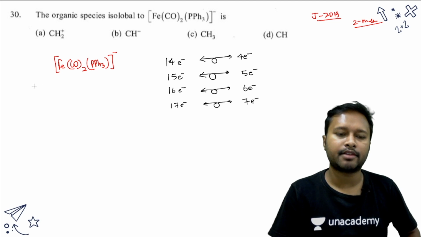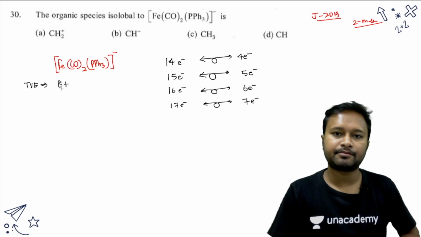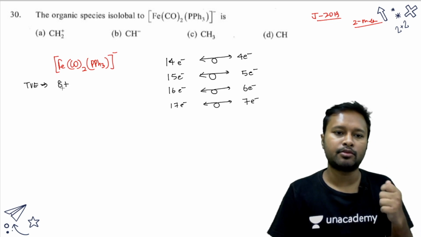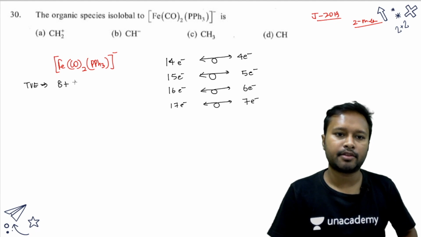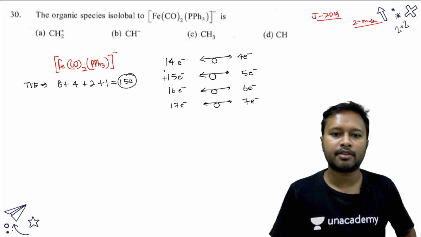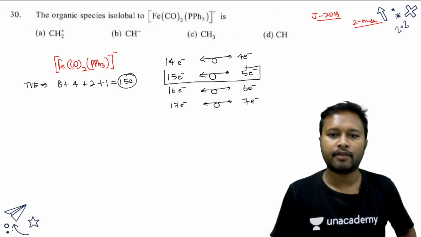Here, the total valence electrons: iron gives 8 electrons, d6 and 4s2, plus 4 electrons from the two carbonyl ligands, plus 2 electrons from the PPh3 ligand, and plus 1 because of the negative charge. Overall, you get 15 electrons. So a 15 electron species has to be isolobal with a 5 electron species.